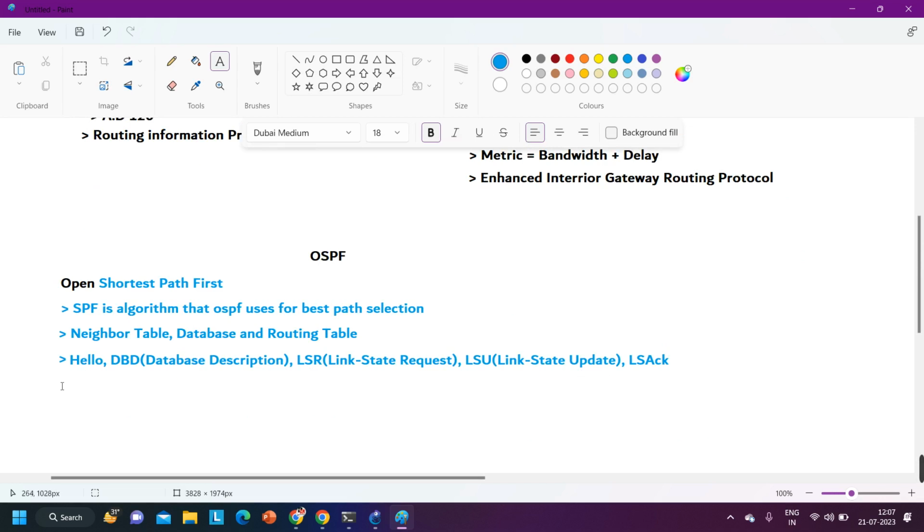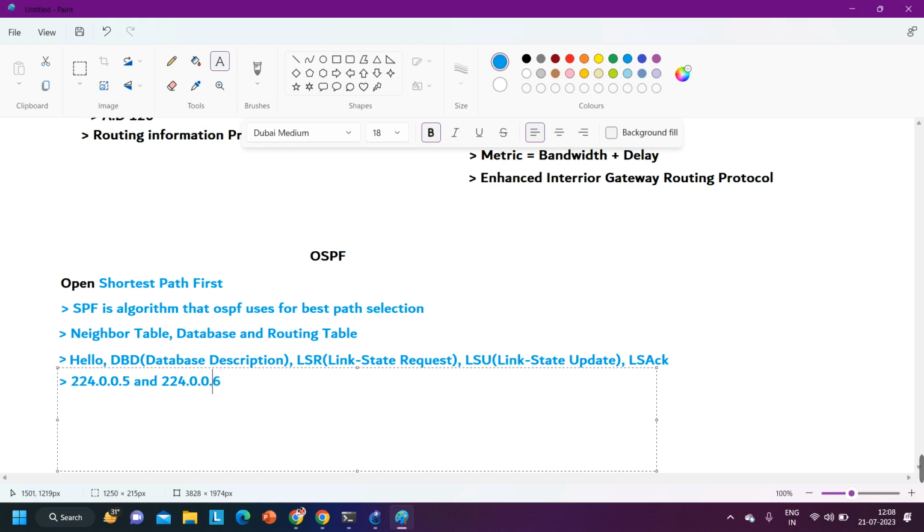Fine. Let me talk about the multicast addresses of OSPF. OSPF uses two multicast addresses, not one. One is 224.0.0.5 and the other is 224.0.0.6.